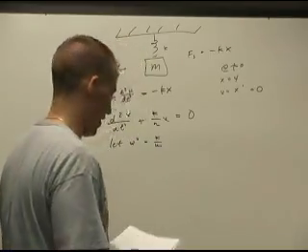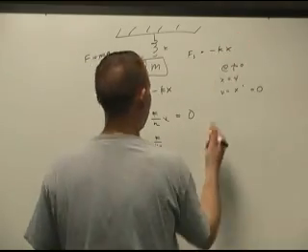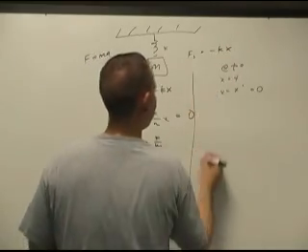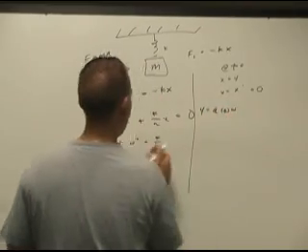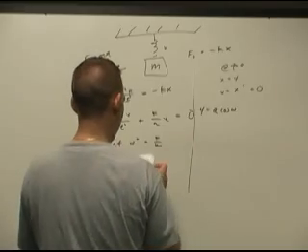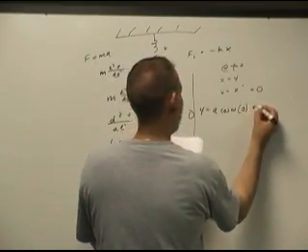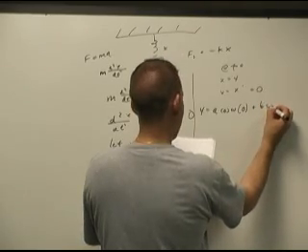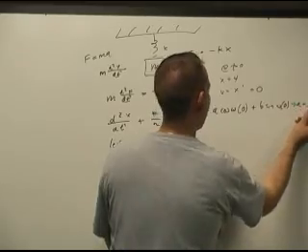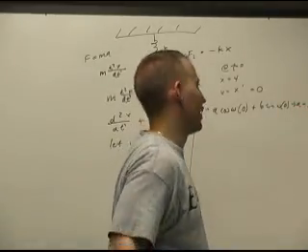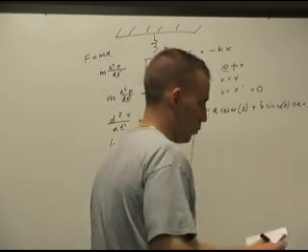So, without going into too much detail on it, position 4 is equal to a cosine omega 0 plus b sine omega 0, which implies a is equal to 4. Because cosine of 0 is 1. So a is equal to 4 in that case.